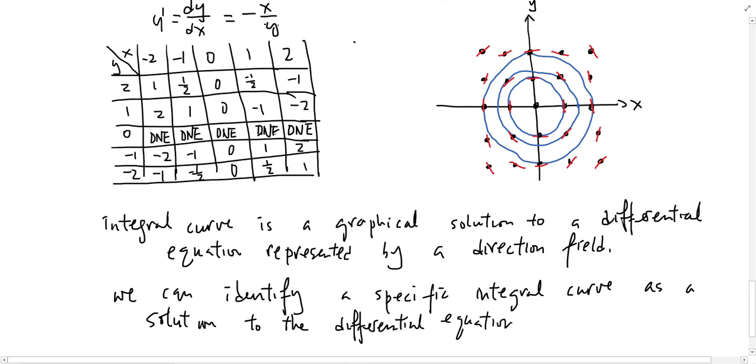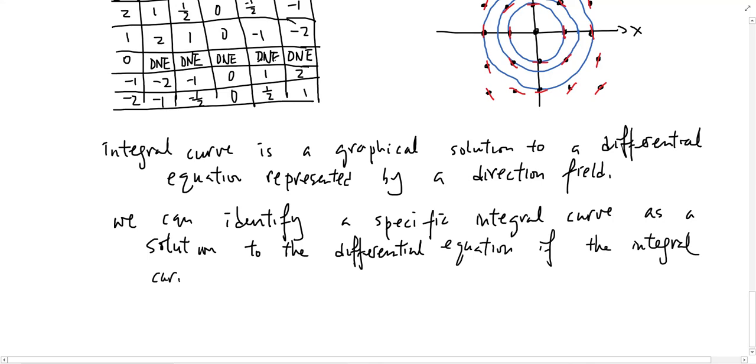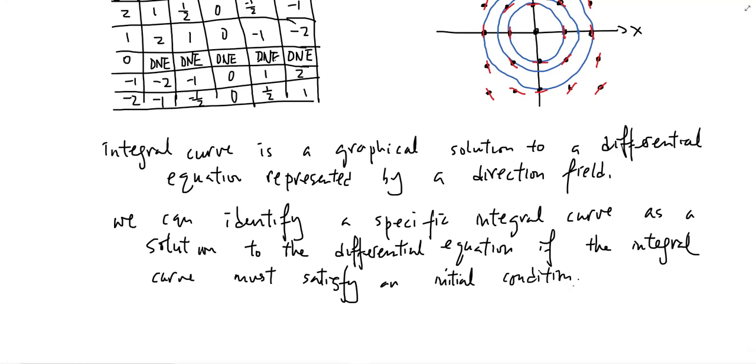The integral curve must satisfy an initial condition. And the initial condition is often represented as points on the curve that it must go through. And of course, in some cases, you could have multiple initial conditions. So it really depends on the differential equation itself.